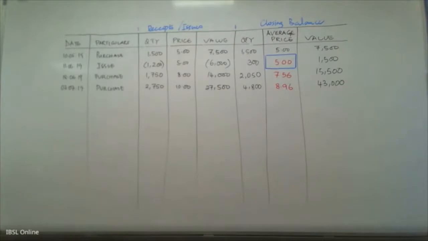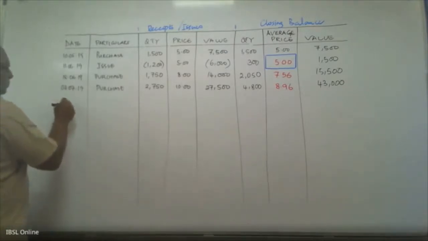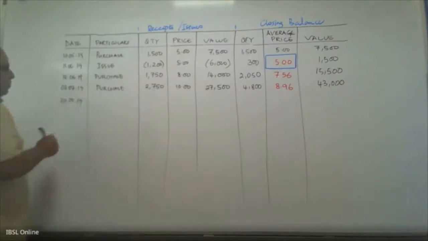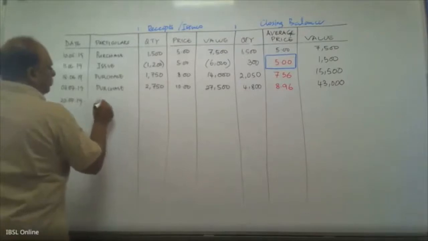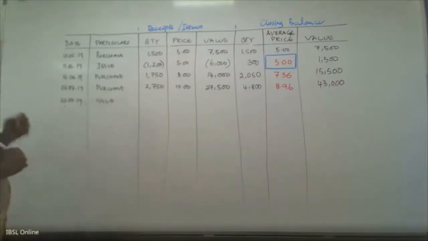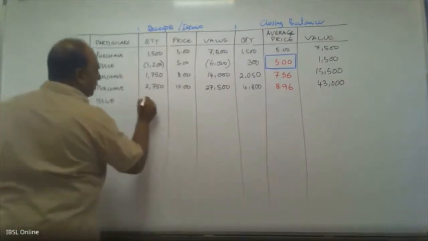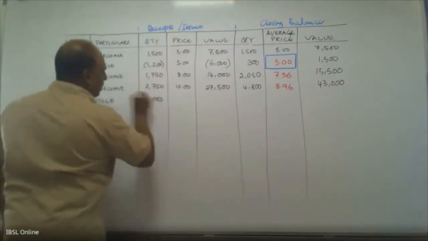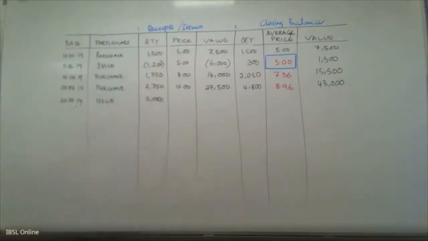Okay. Now we come to 20th July. And that is an issue. And you are trying to issue 3,000 units. Now you look at it. Now you are supposed to issue 3,000 units.